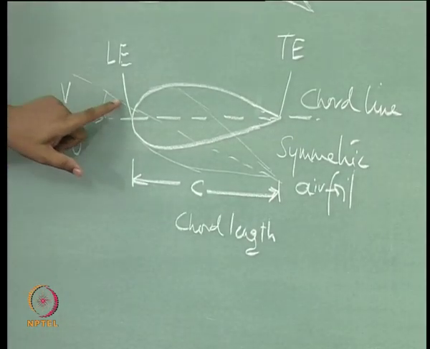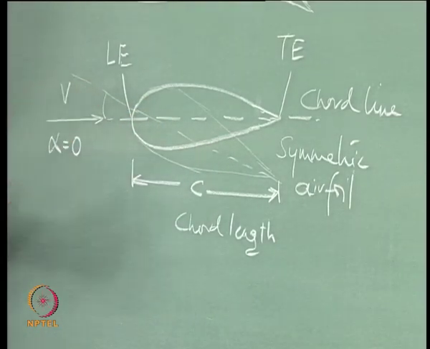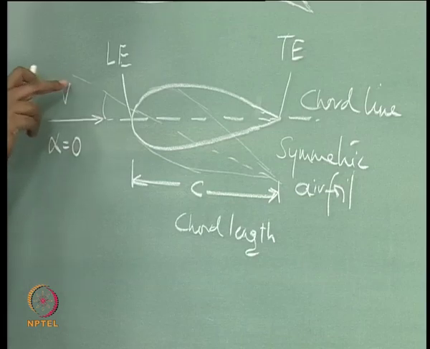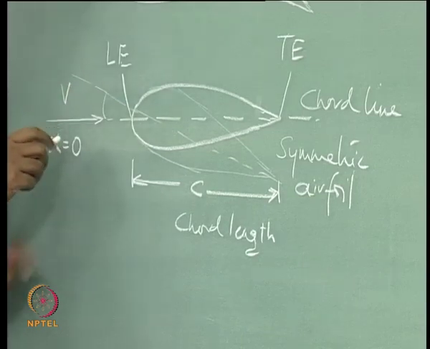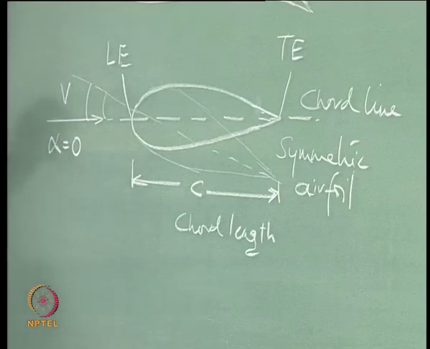The chord line for this airfoil, when it is rotated like this, is this line, which is making an angle with the velocity vector, which is giving you the angle of attack, which is positive.